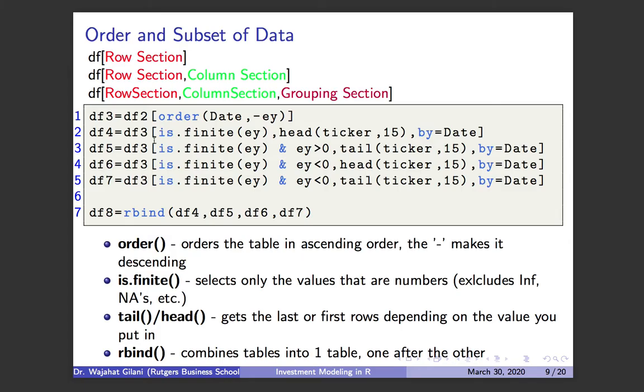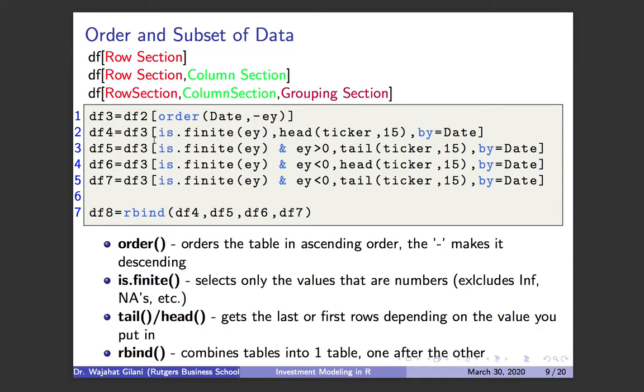But this time what I do is I say, listen, give me now the head ticker. Last time, when we were doing it for the first strategy, I said give me 1. Now I say give me 15. Why do I say give me 15? The reason is maybe there's a ticker that's missing prices, right? So I don't want to have to deal with that.